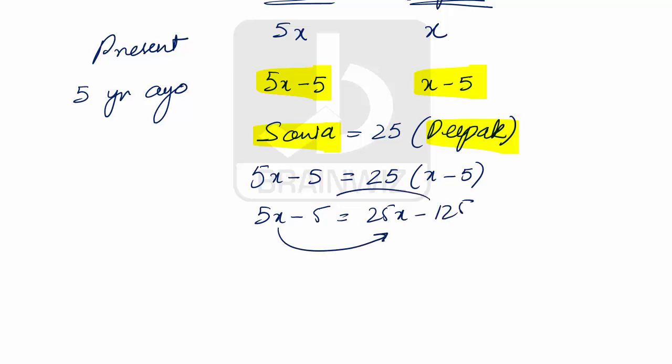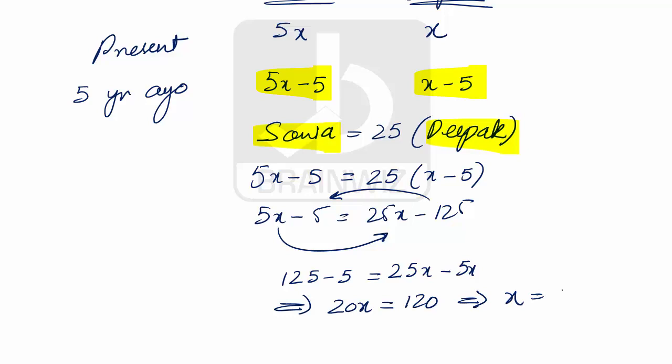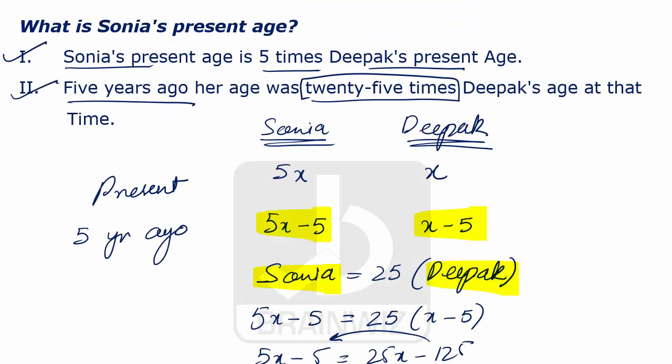Taking terms to one side, 125 minus 5 is 120, and 25x minus 5x is 20x, so 20x is 120, which implies x is 6 years. We got the value of x as 6, and Sonia is 5 into 6, that is 30 years.